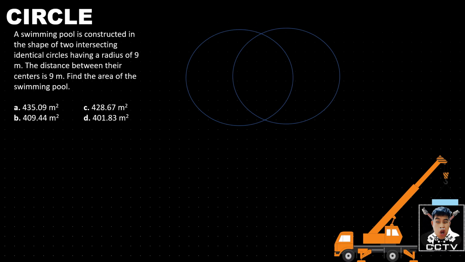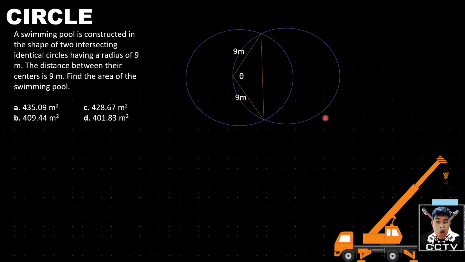Here, it says a swimming pool is constructed in the shape of two intersecting identical circles, with a radius of 9. This is the pool. Of course, from the center of this one to there is just the radius, and that is 9 meters.